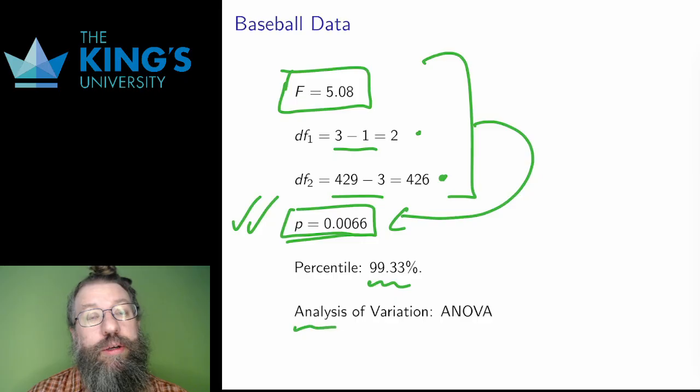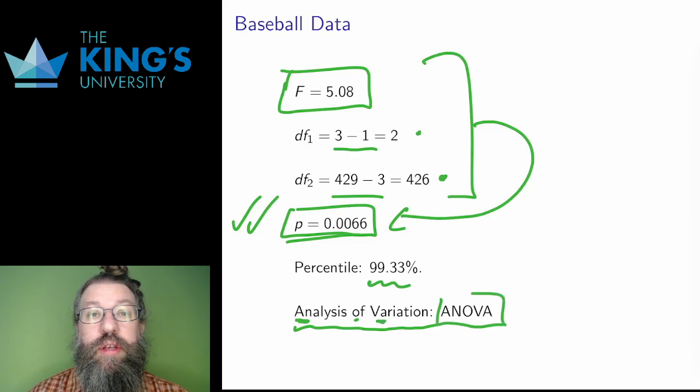What I am doing here is an analysis of variation, and this is abbreviated to ANOVA, which is the name for this statistical process. It's a new kind of statistic, the F statistic, and a new set of distributions, the F distributions. But otherwise, it is the same process.